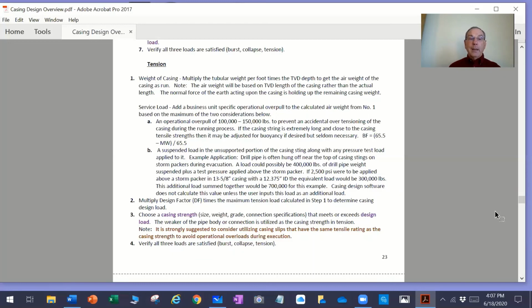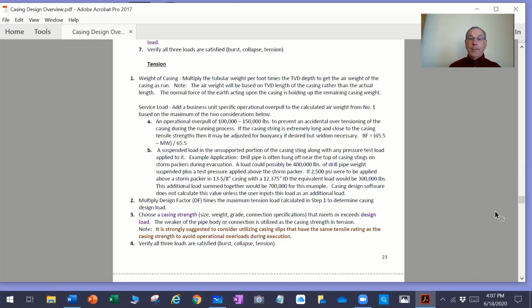And then number 2, you multiply the design factor times the maximum tension load calculated to determine a casing design load. And then you'll choose a casing strength that is satisfactory for that design load.